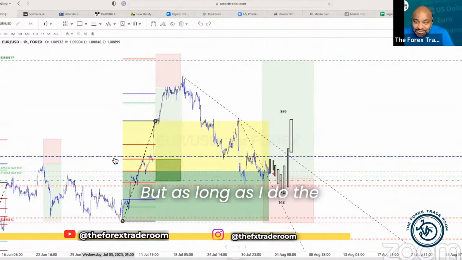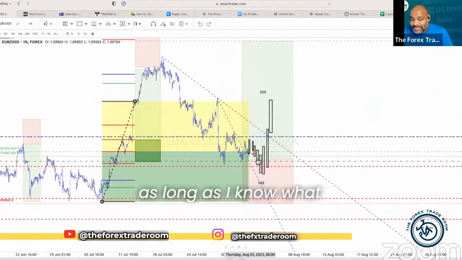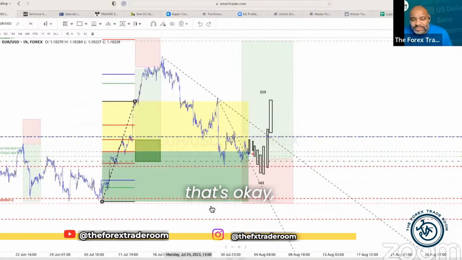But as long as I do the math, as long as I know what I'm risking, and as long as I know that that's only 0.5%, 1/4%, 1% of my account, then if the trade goes against me, that's okay.